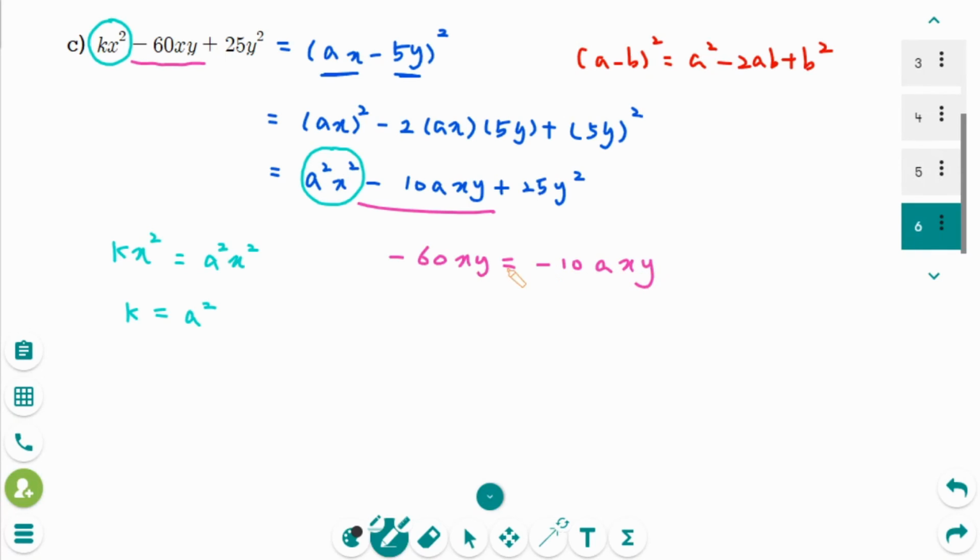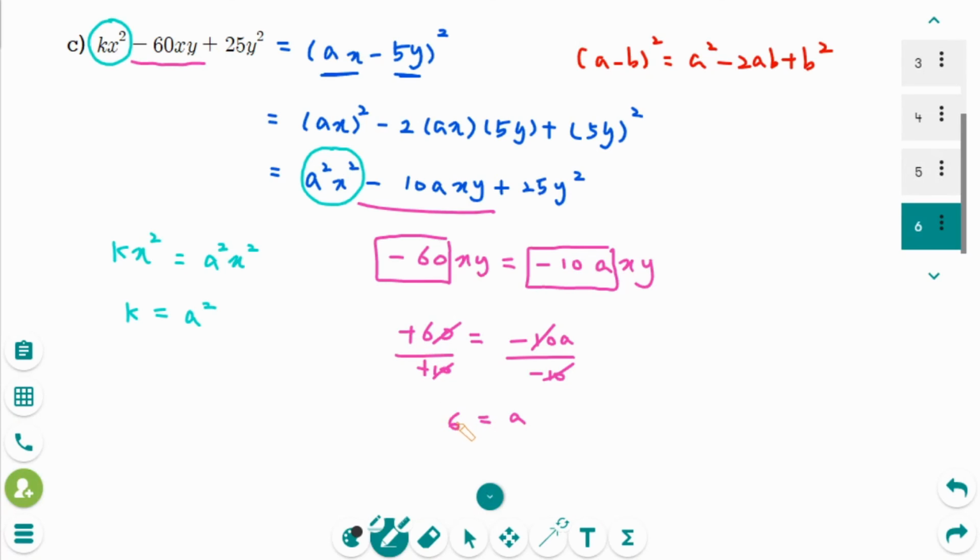Then think about the coefficient part. So minus 60 equals minus 10a. Then divide by minus 10 on each side. So a equals 6. And plug in here. So k equals 6 squared, which is 36. This is the final answer.